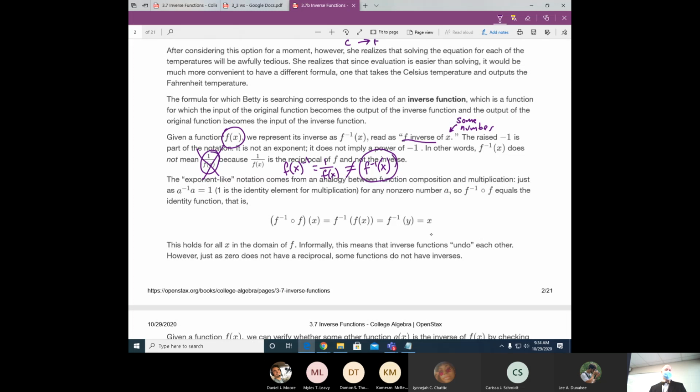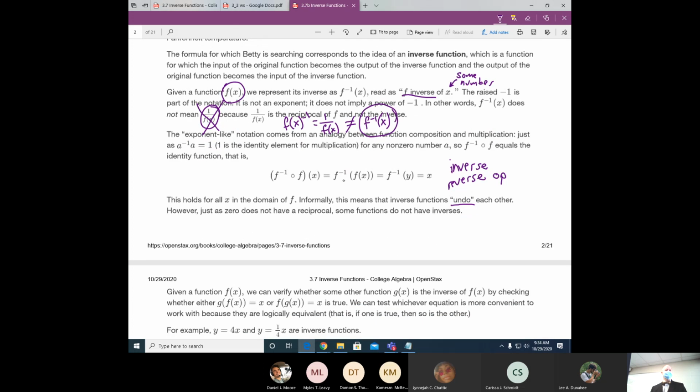I called it unwrapping. Here they call it an undo. Or I think it's better to call it the reverse operation. It does the inverse of what the other function was doing. So basically, inverse is the best word to use, doing the reverse of whatever the other function was doing.